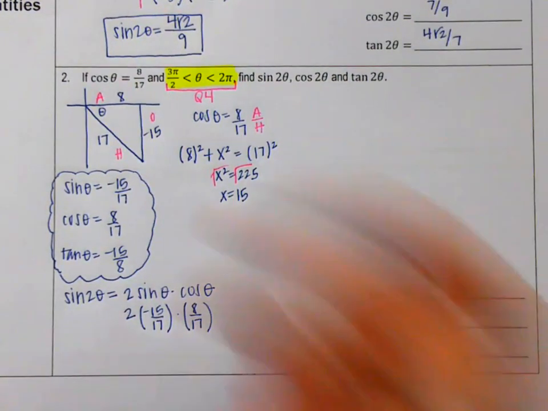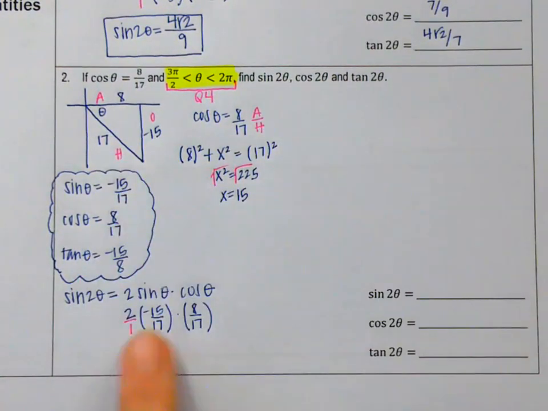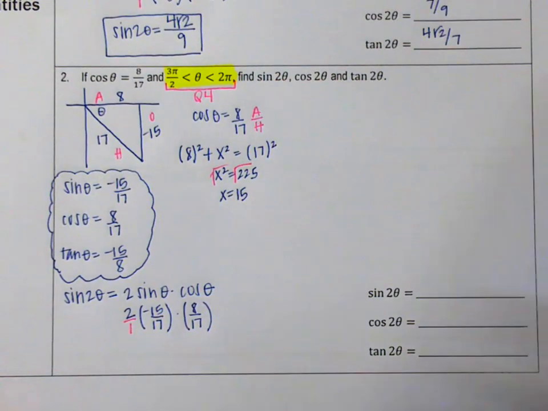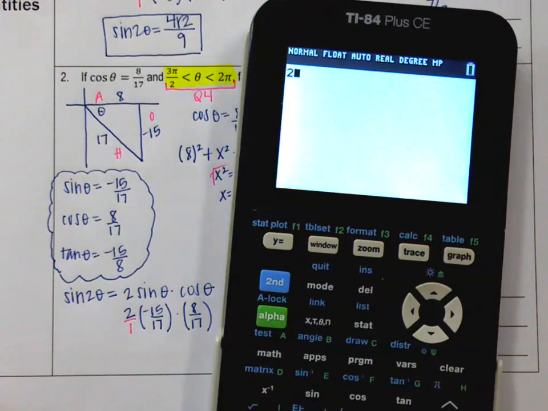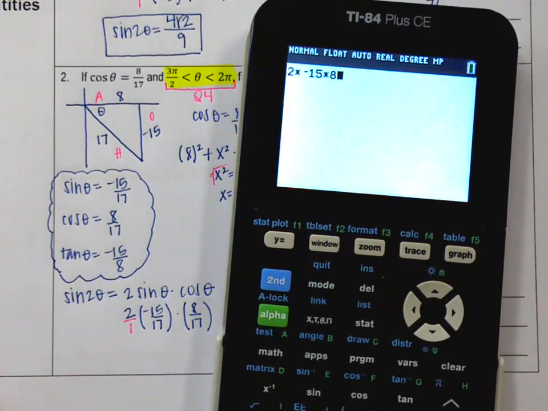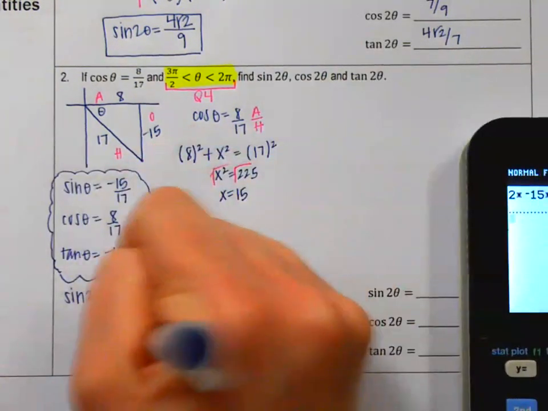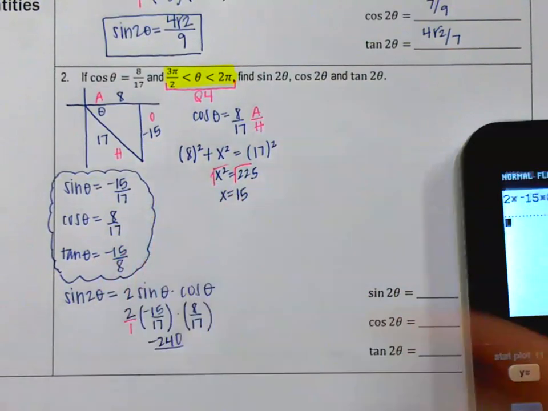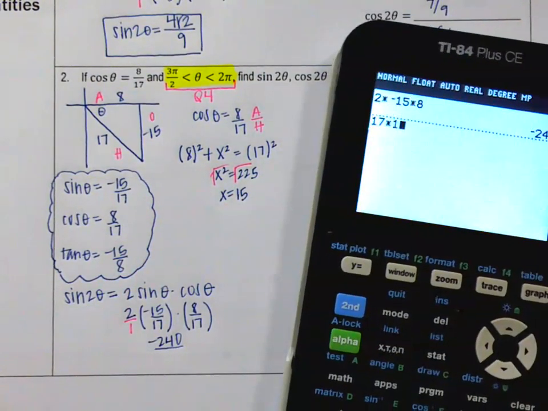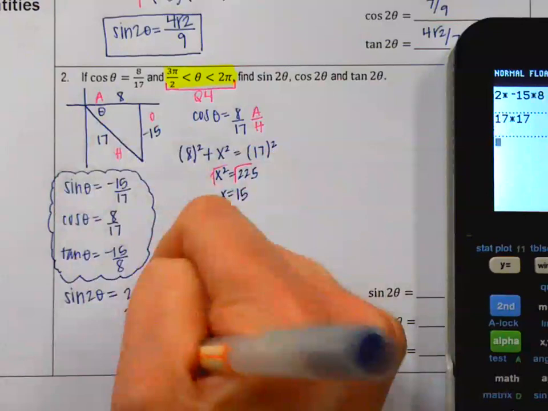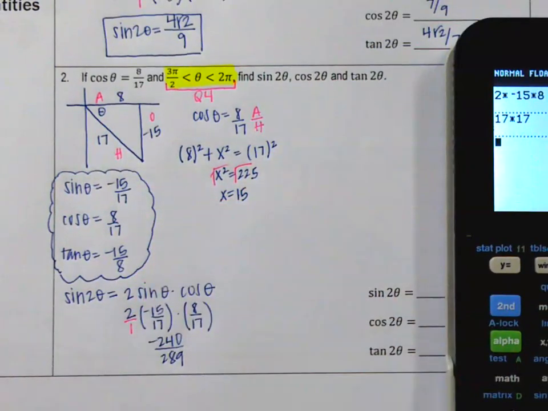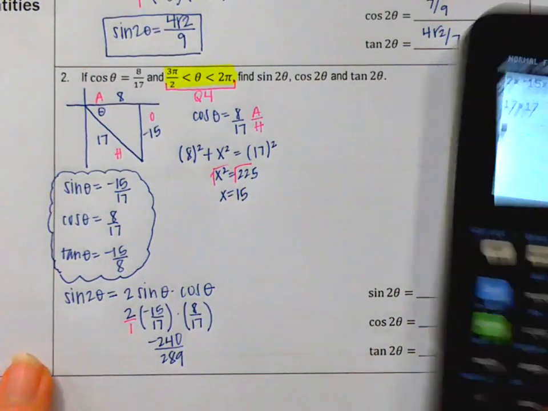So I just multiply top to top, bottom to bottom. So it's going to be, and all I really do is in my calculator, 2 times negative 15 times 8 gets me negative 240. And then 17 times 17 gets me 289. If you can reduce that, I'd want you to.